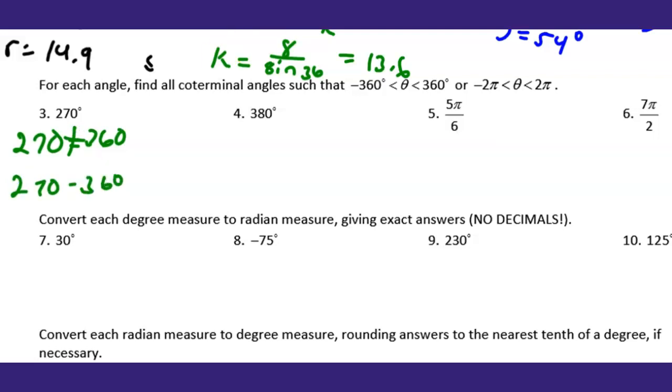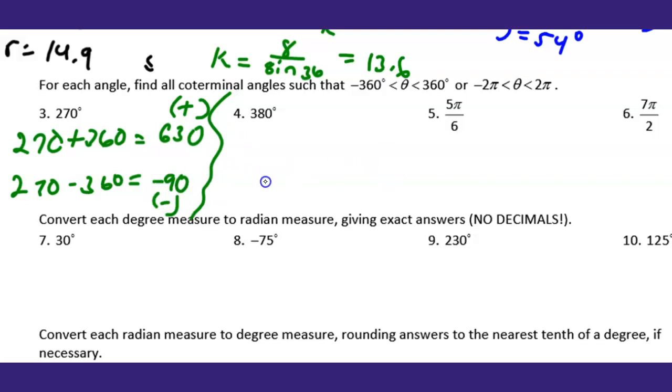That gives one positive angle for 270, which would be 630, and one negative angle, which would be negative 90. Make sure you understand that one of the answers has to be positive and the other has to be negative.